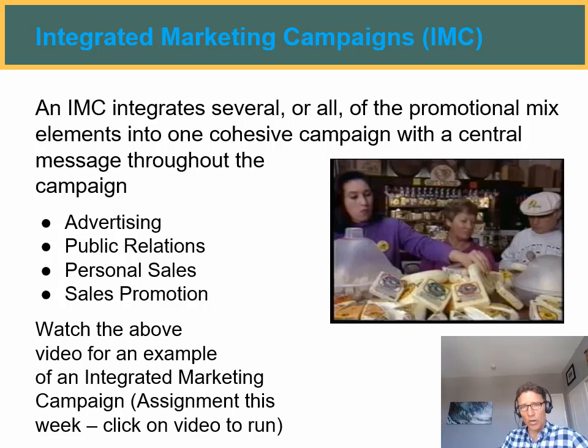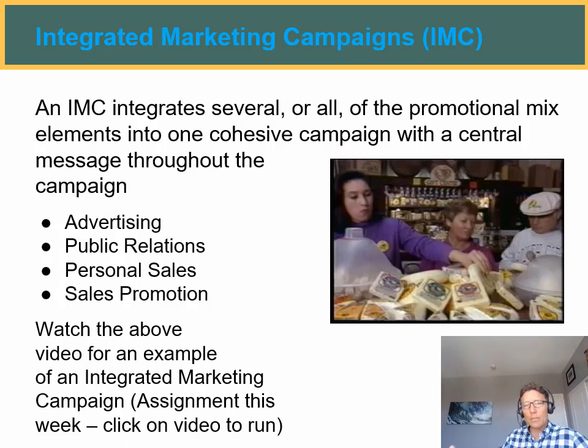They tend to be, again, products that have risk, oftentimes because they're expensive, like a house or a car, or they might just have risk, like clothing or an engagement ring, which is both expensive and has a lot of psychological risk. Do I get the right one? Is she going to like it? Is she going to say yes? Right? So there's salespeople involved with that. So when there's a consumer product with a lot of risk, they tend to have personal salespeople, or it's in the business-to-business sector.